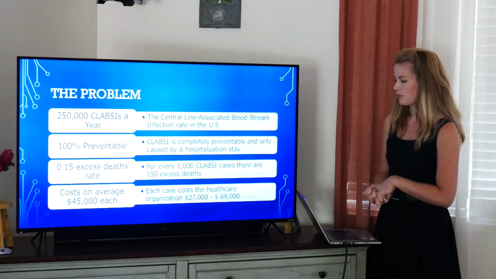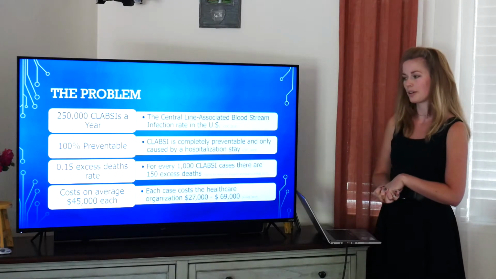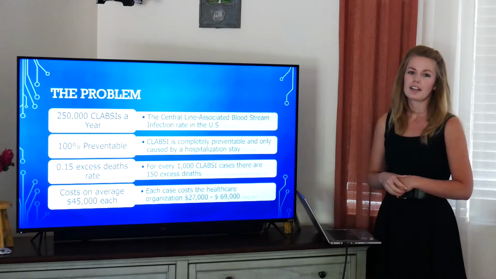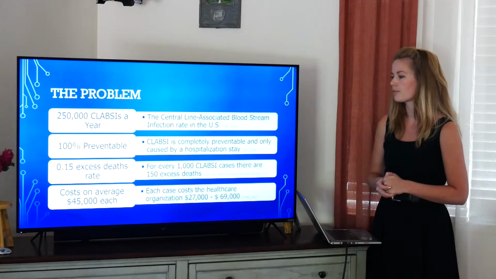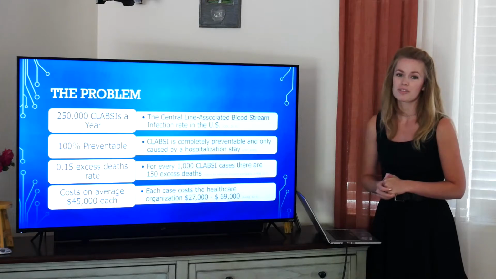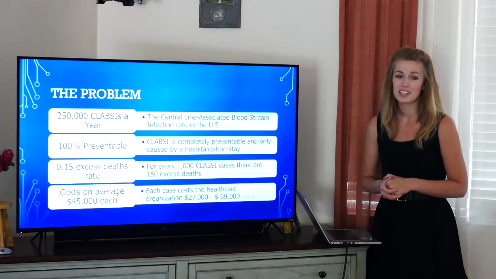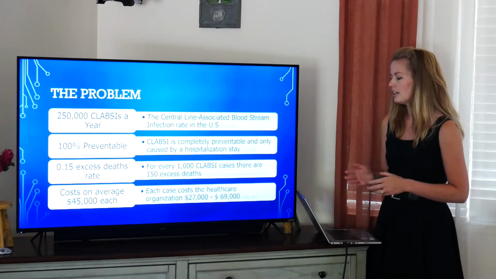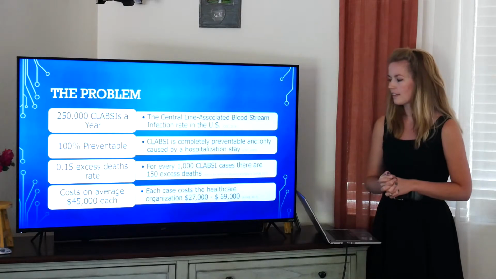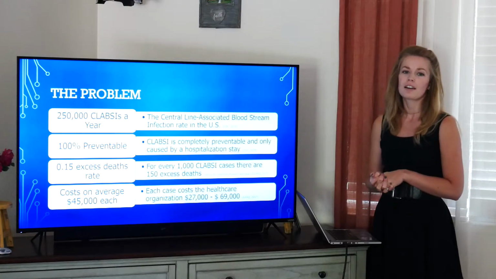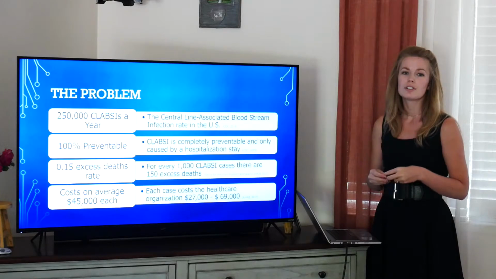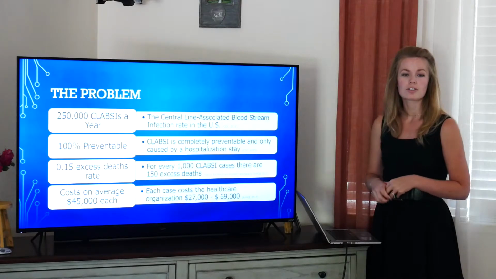We get that information from the Agency for Healthcare Research and Quality. And on top of everything else, the financial consideration for a CLABSI, on average it costs $45,000 each. That varies obviously, could be $27,000 to $69,000 on average, and that cost can either be to the patient, to the healthcare organization, or insurance.